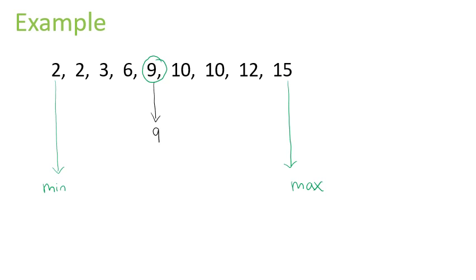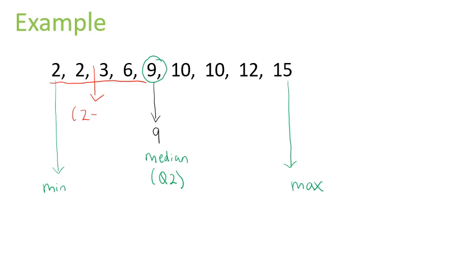So 9 is our median, also called Q2. Okay, then I need to find Q1, which is the median of the lower numbers. So this is the lower numbers, and the median is like the middle of these two.